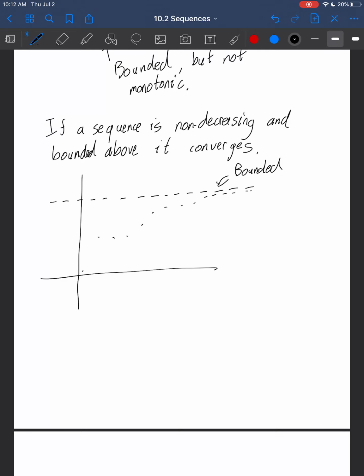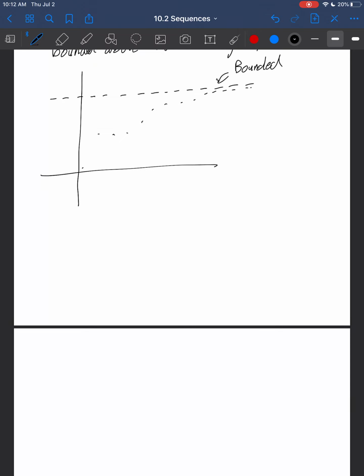This doesn't necessarily tell us what value it converges to, but it does tell us that this value actually exists, which in a lot of practical applications is really, really helpful because some of the techniques we'll learn in the future will require the sequence to actually have a limit for us to use them.